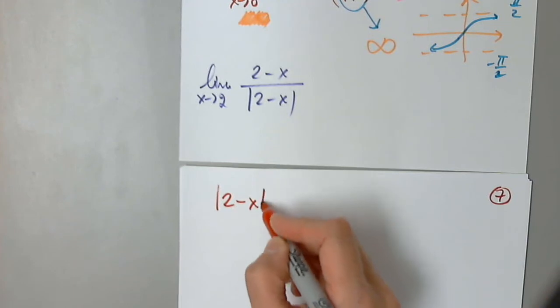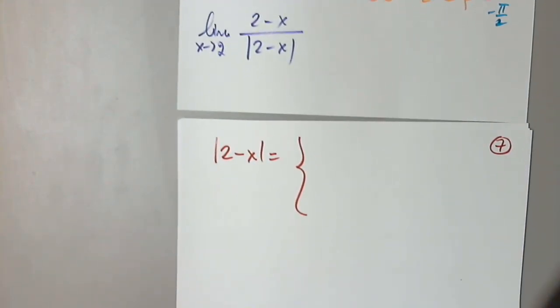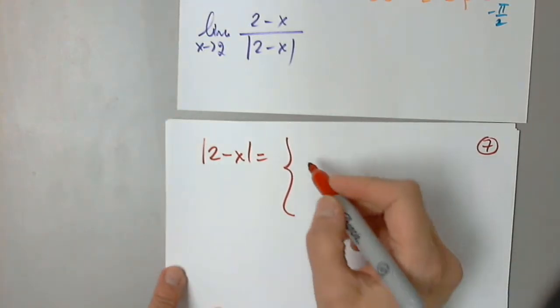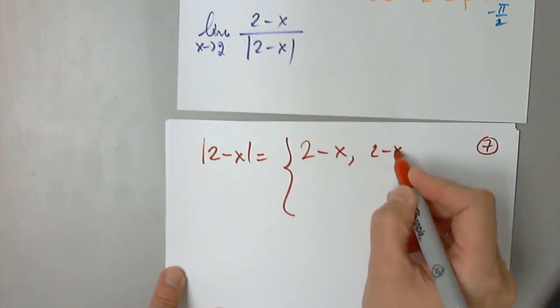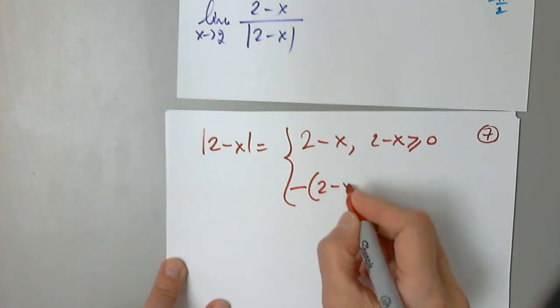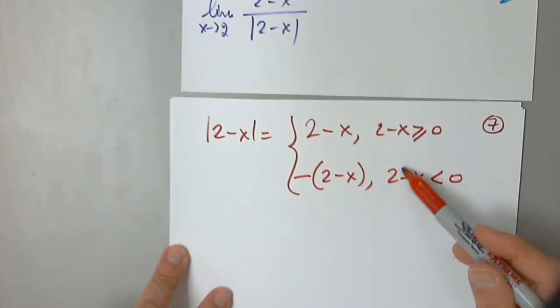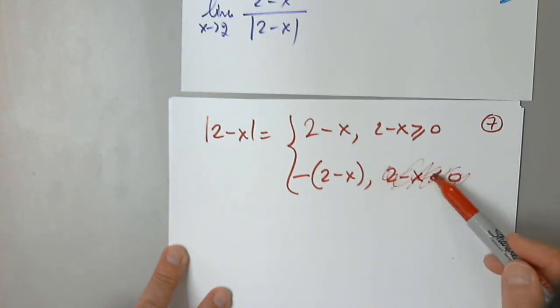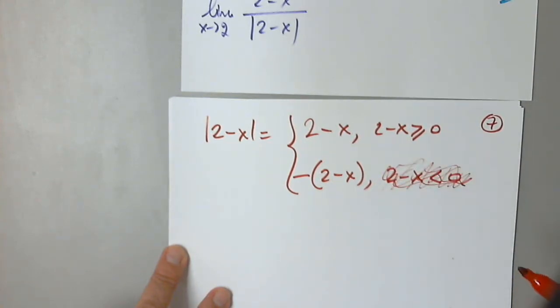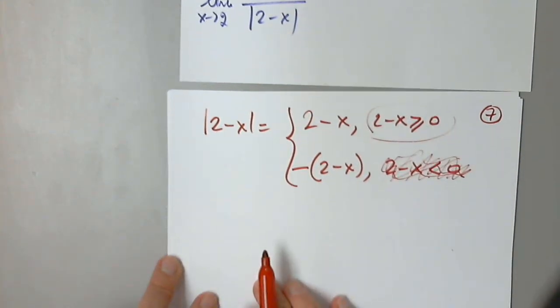The absolute value of 2 minus x, as we know, has two possibilities, two options. 2 minus x for 2 minus x greater than or equal to 0, or the opposite of 2 minus x for 2 minus x less than 0. Remember, we do not solve this inequality. Do not waste your time. Whatever it's not here, it will be here.